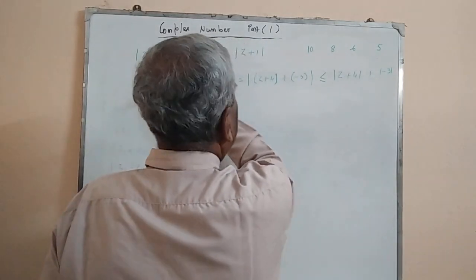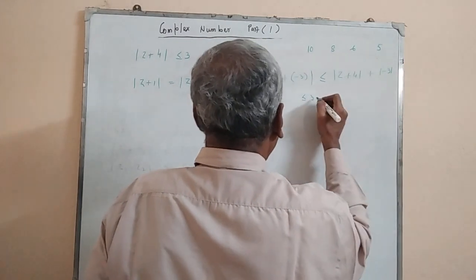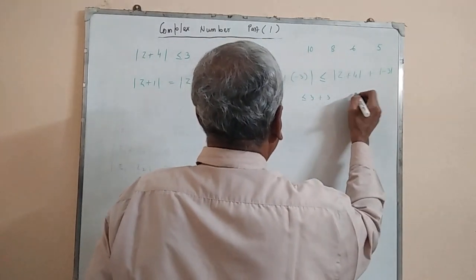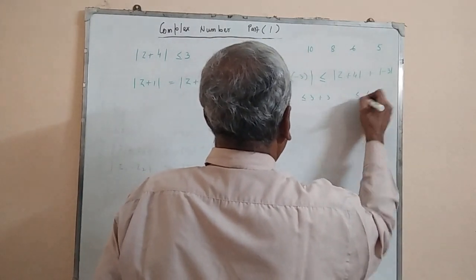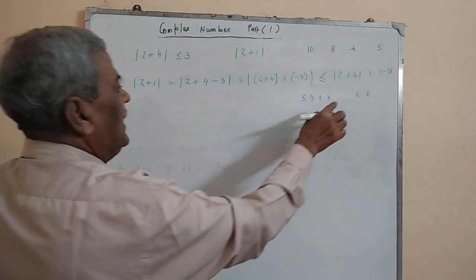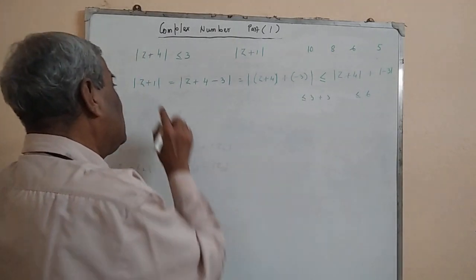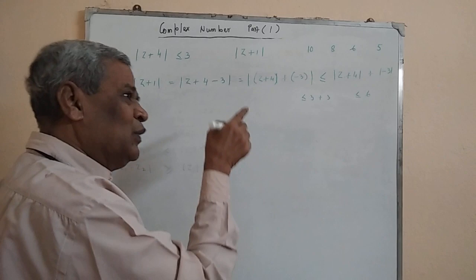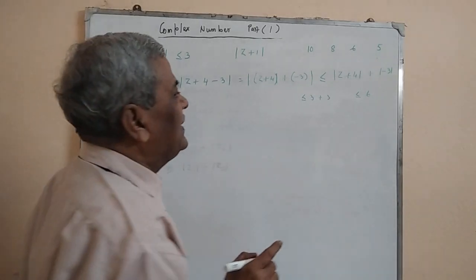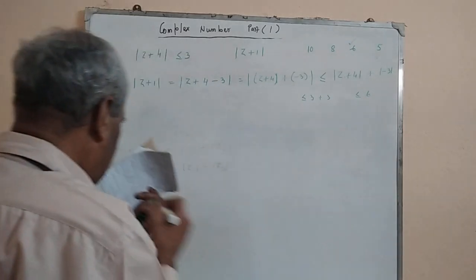This is given, this is less than or equal to 3 and this is another 3. So it is less than or equal to 6. So its maximum value is 6, it cannot exceed 6. So option 3 is correct.